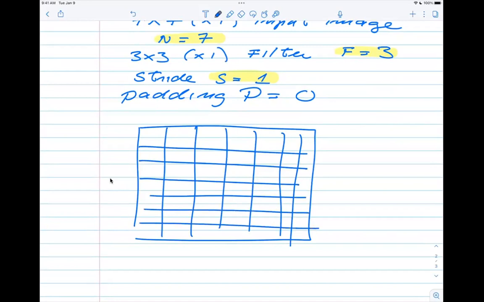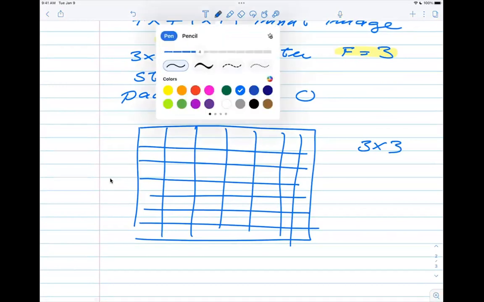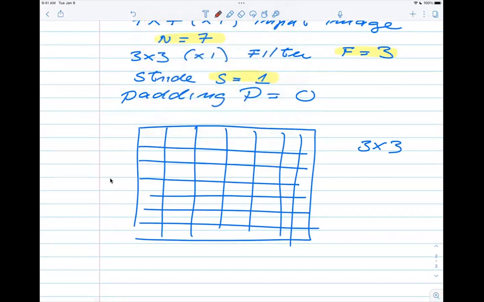So when we now have a 3 by 3 filter, which is convolved with this image, the process of convolution means that we are going to act on a 3 by 3 block. This is the first block we're going to deal with. And that's being filtered with the kernel or the filter matrix.